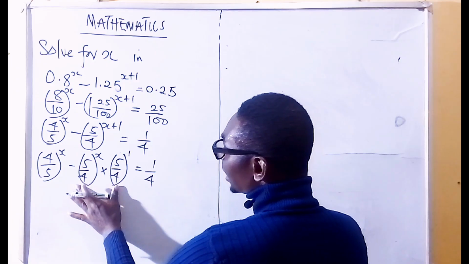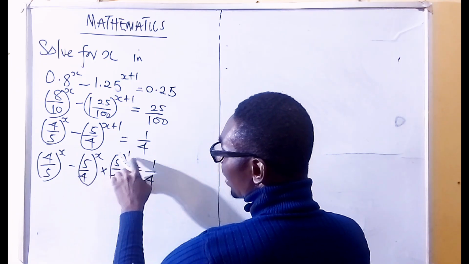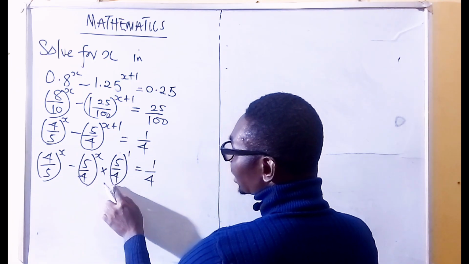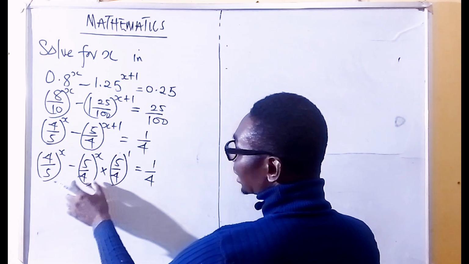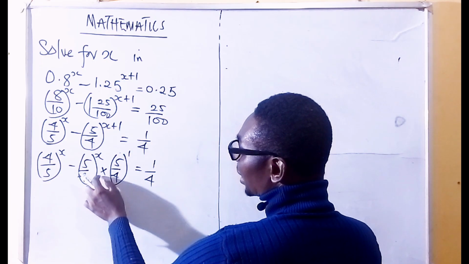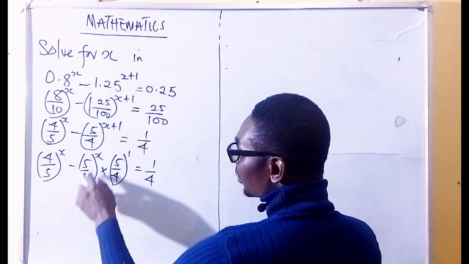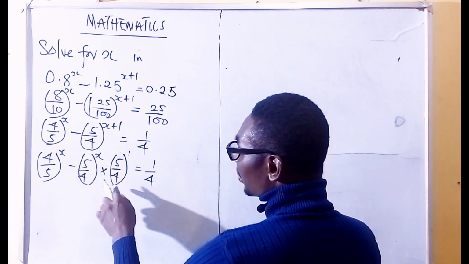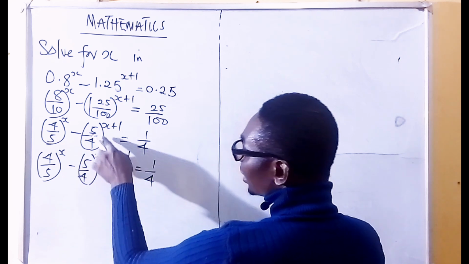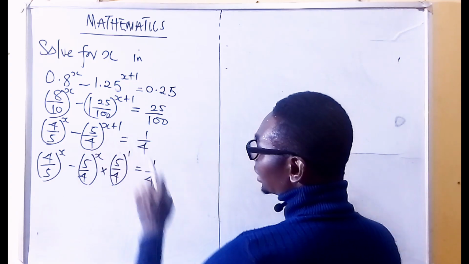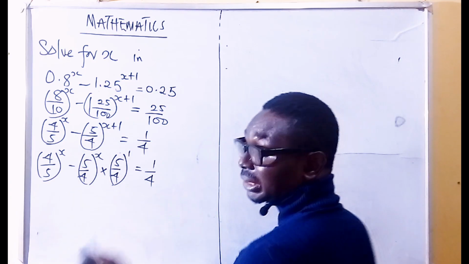Here, if you check the power, the bases are the same. By the law of indices, when the bases are the same and you multiply, the powers are added. So 5 over 4 raised to x times 5 over 4 raised to 1 can be simplified like this. But we split this for a reason.